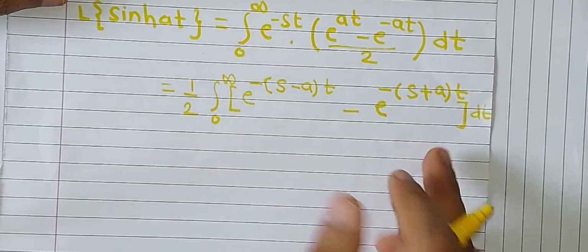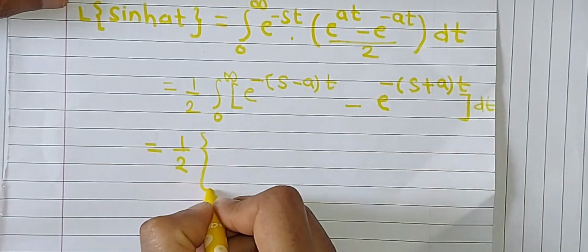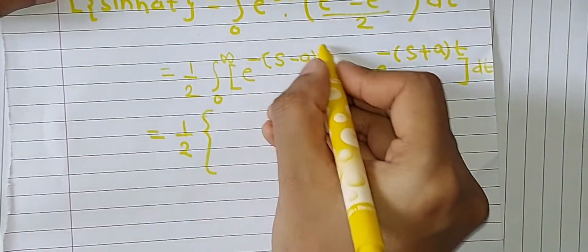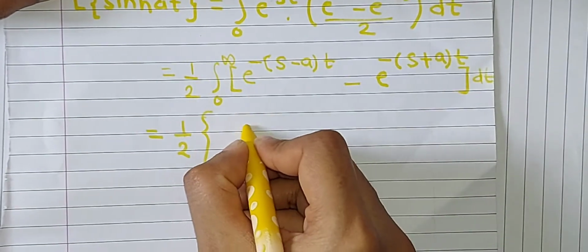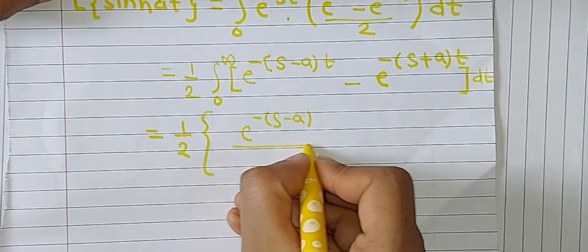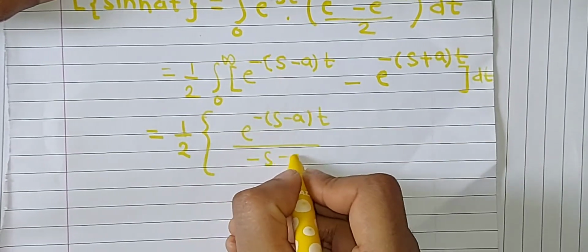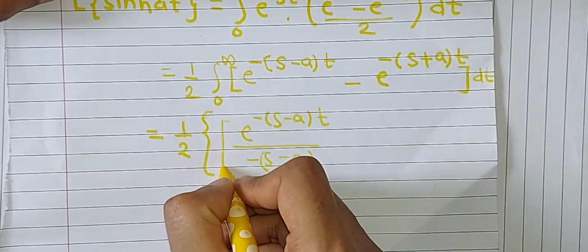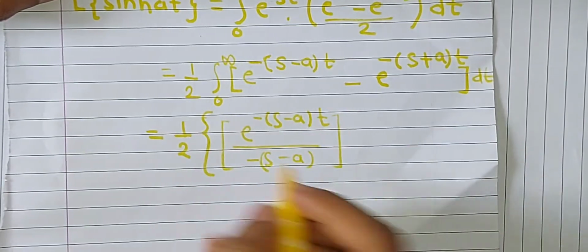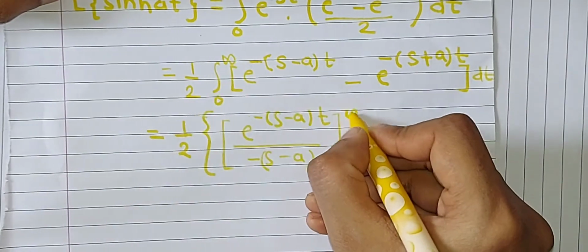Now solve this integration one by one, that is 1 by 2. We can put a curly bracket here. Solving this integration, we get e raised to minus (s minus a) t, divided by the coefficient of t, that is minus (s minus a), and put in the lower limit and upper limit. Here the lower limit is 0 and the upper limit is infinity.